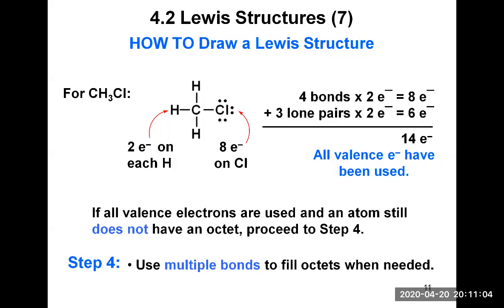If all valence electrons are used, and if an atom still needs more electrons, if it doesn't have an octet, then you would proceed to step 4. And step 4 is to use multiple bonds to fill octets when needed. But before we see examples of that, let's practice Lewis structures where there are no multiple bonds.